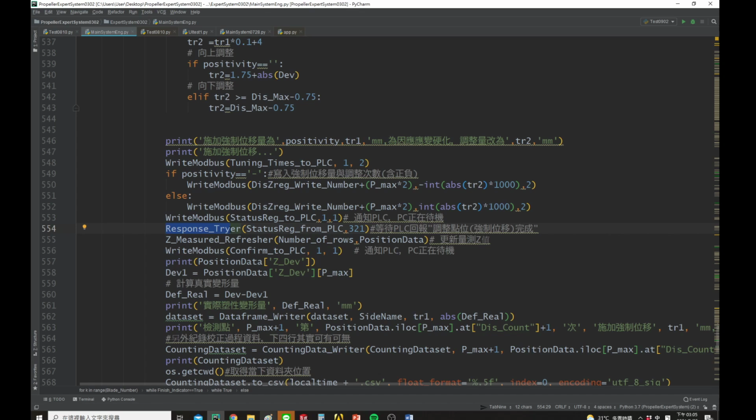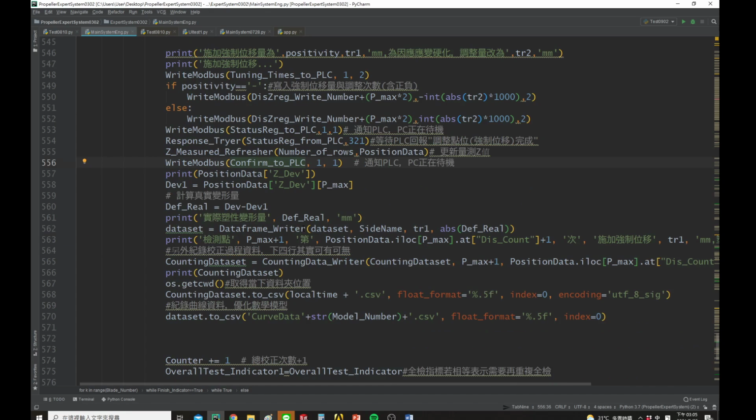It measured that point again. After the displacement, it measured point 3 again. And then we need to update the deviation measured again, so here we use z measure remeasure, and then we need to calculate the real value of the displacement, of the deformation.